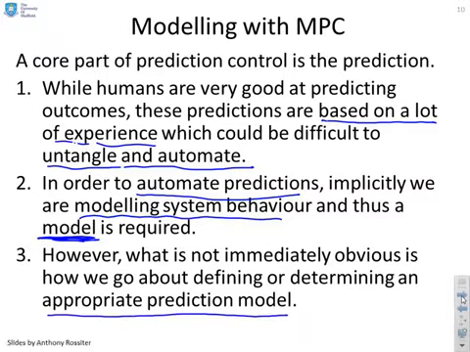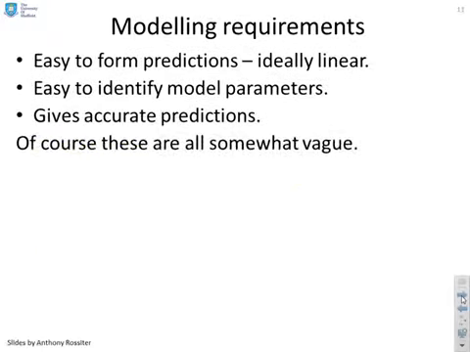Well, there are a few questions you might want to ask. First of all, we'd like the predictions to be easy to form. I know we're going to use mathematics, and some people say that's complicated already, but we don't want the forming of the predictions to be any more complicated than necessary. So ideally, we want a linear model if we can get away with it.